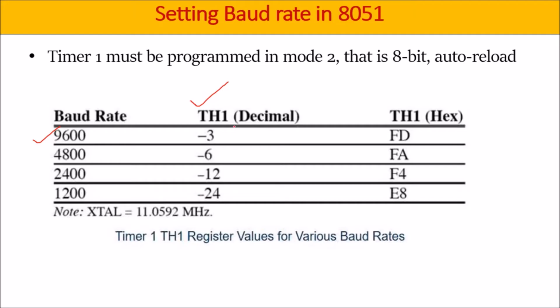These values are given in decimal if the frequency is 11.0592 megahertz, and if you convert them into hex, you will get these values. Generally we use a 9600 baud rate, so we'll initialize the TH1 register with the value FDH. That is because we want to use timer 1 in mode 2 to generate the baud rate.